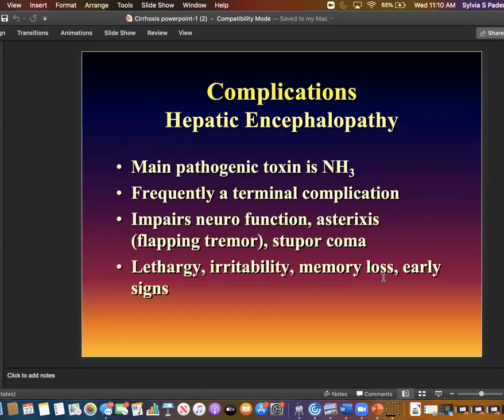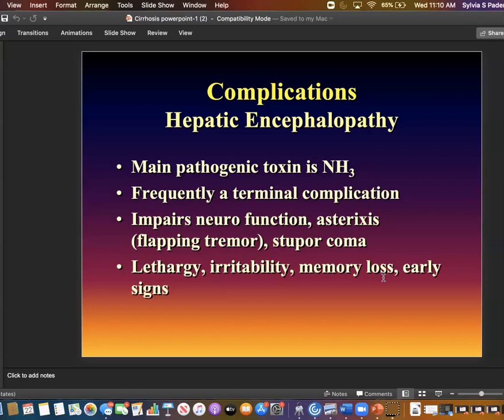Main pathogenic toxin is ammonia, like I mentioned, and this is frequently a terminal complication. It impairs neural function: there's a flapping tremor, and then stupor, coma. Lethargy, irritability, and memory loss are some of the early signs.